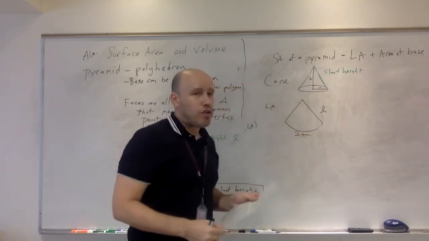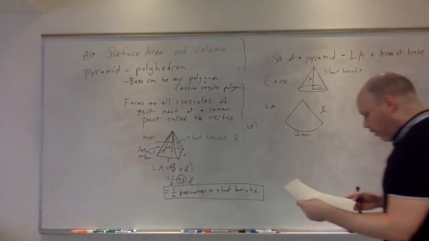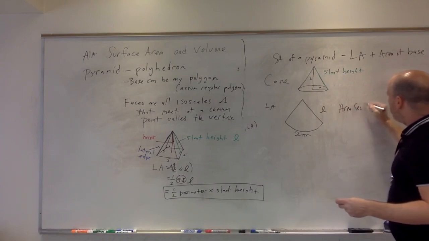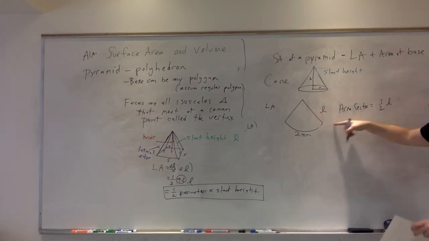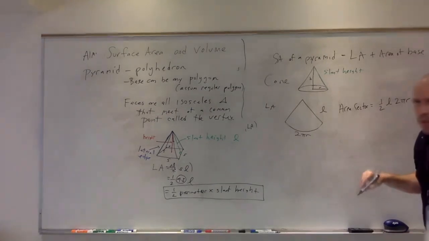We learned, and I think I derived it for you, that the area of the sector, because this is a sector, is equal to 1/2 the slant height times the arc length. You're going to get this information in the formula booklet.